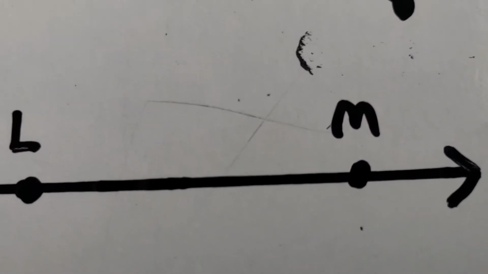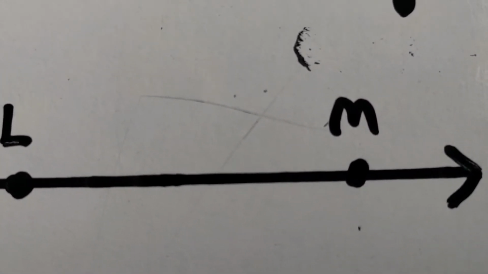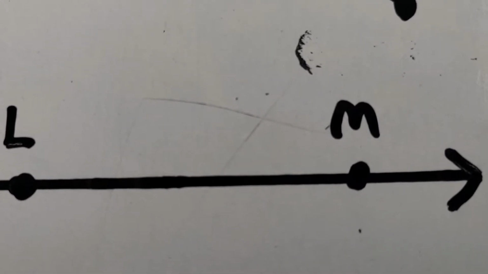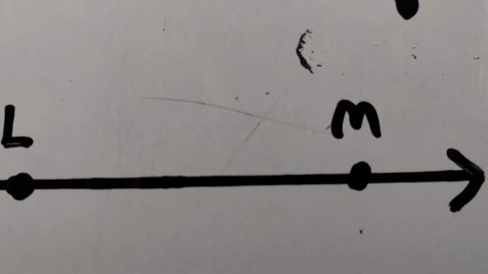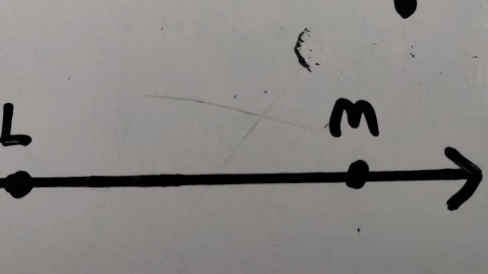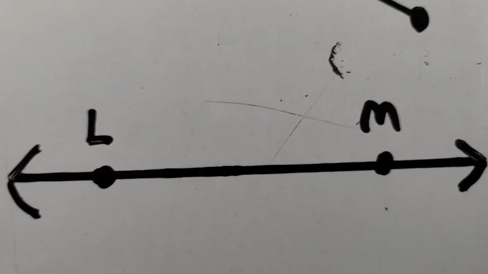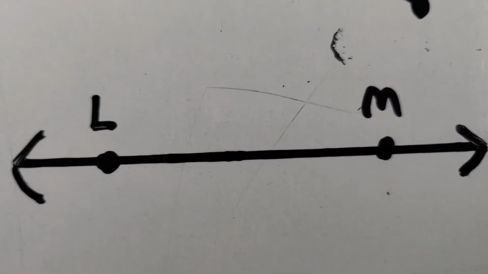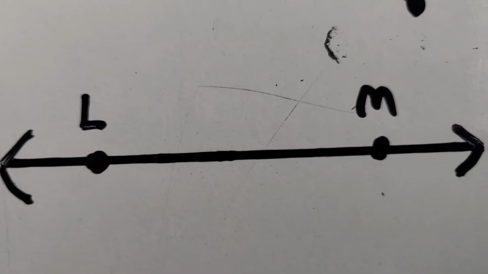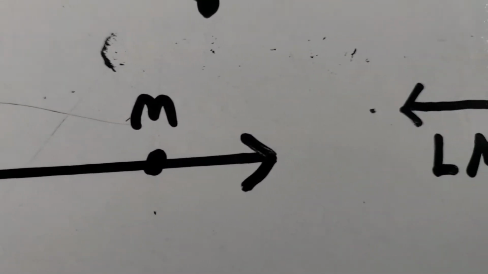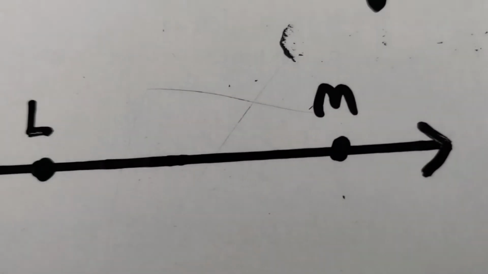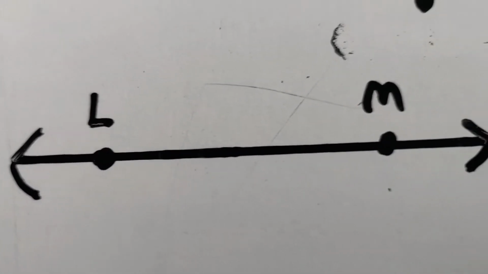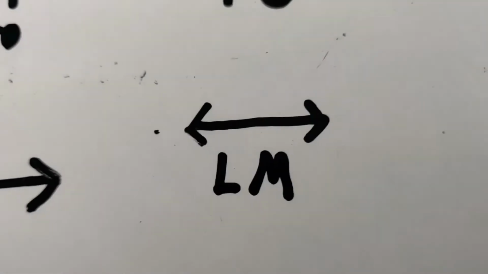And if it were a ray, all we would see would be ray LM with that endpoint L, and then it would go through point M and go on forever and ever in one direction. But a line goes on forever and ever in both directions. So if we go this way, it goes on forever and ever, and that's what that arrow shows us. And if we go this way, it goes on forever and ever, and that's what that arrow shows us. And we call this line LM.